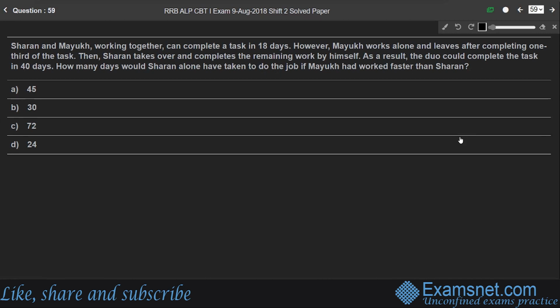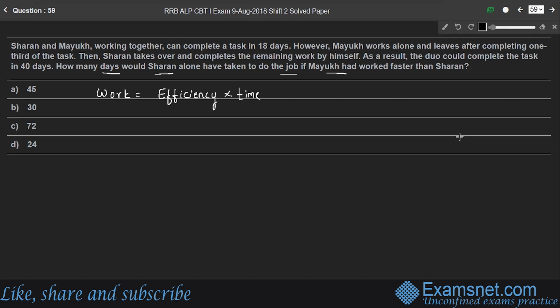In order to solve this question, students, we are using the concept of work. Work is equal to efficiency into time. Efficiency is nothing but capacity, so work is capacity into time. Here we need to find the number of days taken by Sharan to complete the job if Mayuk's capacity is greater than Sharan's.